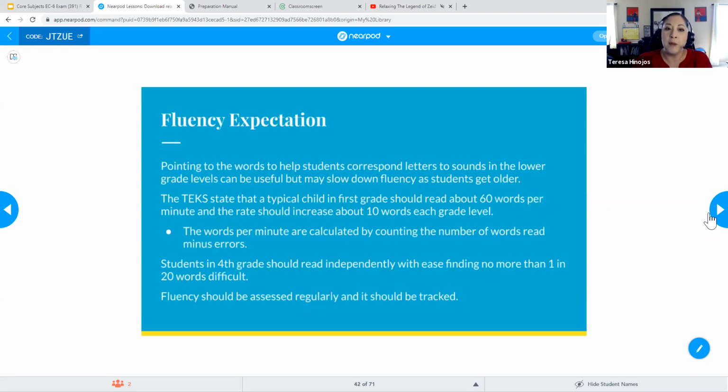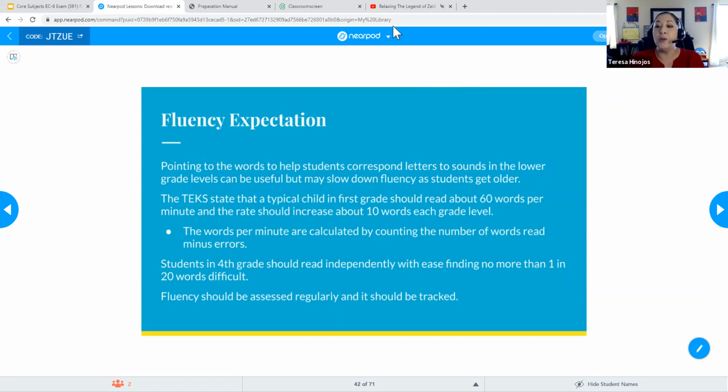When it comes to the expectation of fluency, when kids are small, like my son right now, when you're reading something, you want to point to the words to help students understand that a word is actually representing what you're saying. So they're able to make those connections.